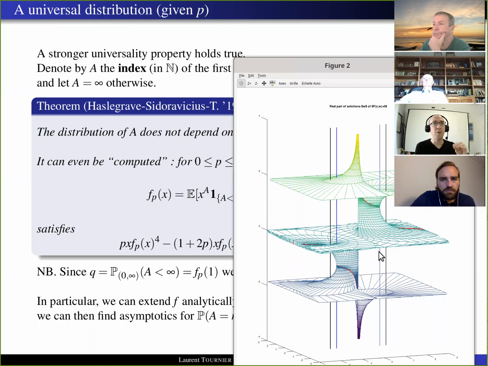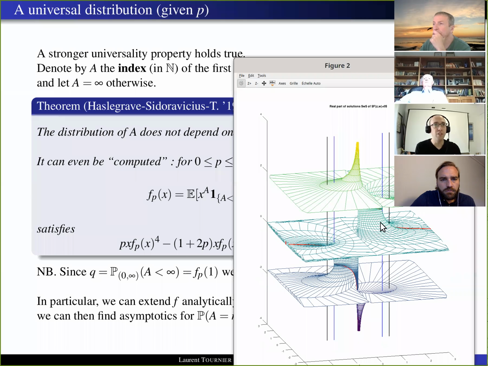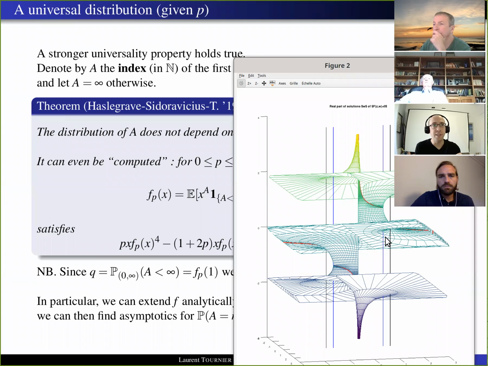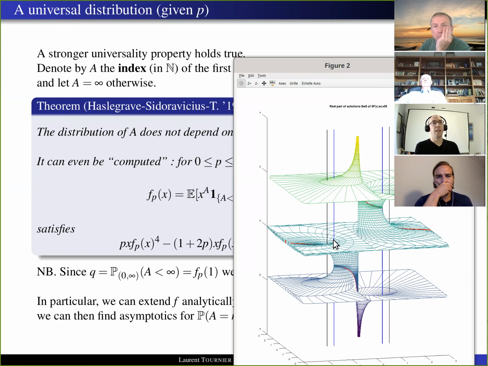Above each point in the complex plane, you have 4 different solutions. The one which corresponds to x equal to 0 at 0 is the sheet that you can see below here and above here. And so the question is which are the singularities of this sheet in particular?